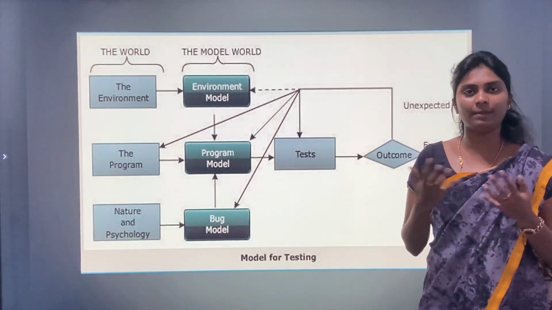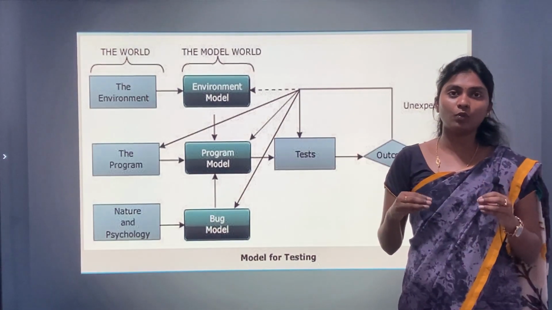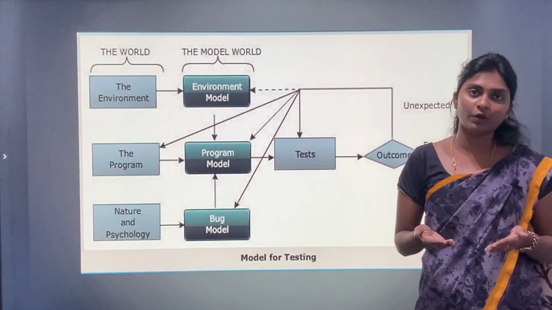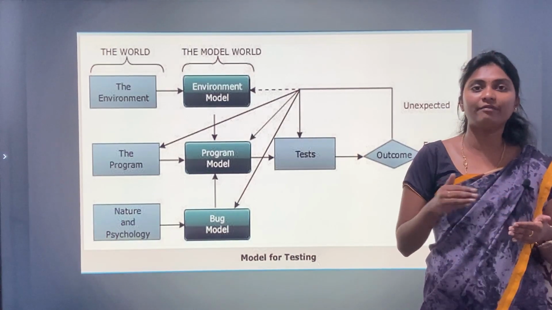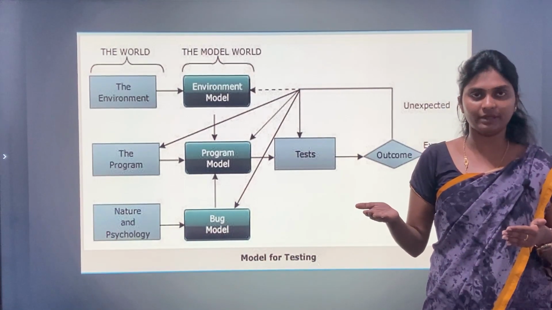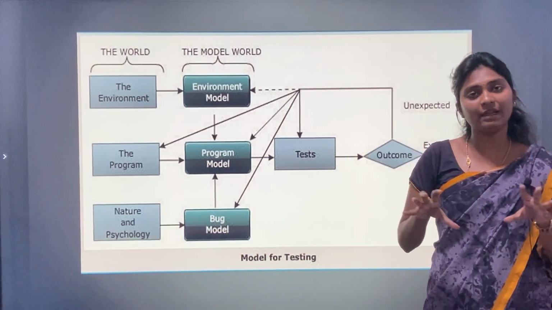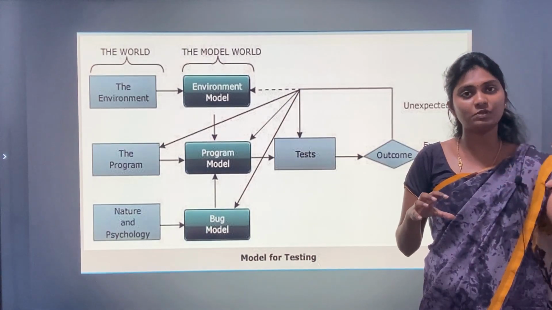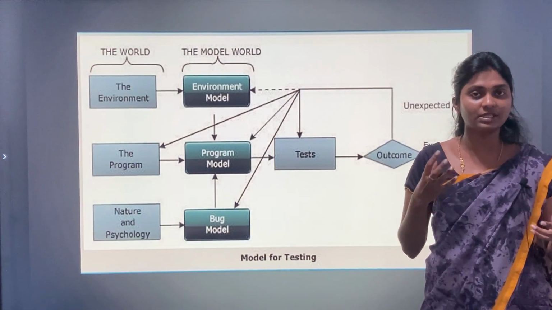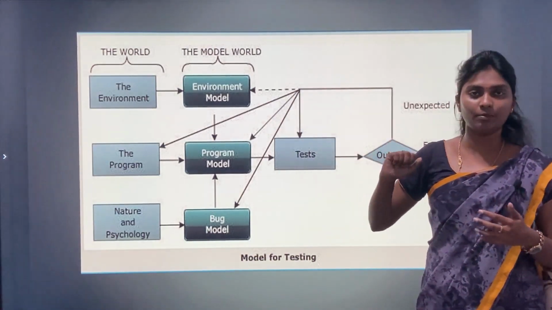Suppose we have implemented the program, what are we following? Depending on the company guidelines only, we will follow and implement the development, right? So the environmental model is nothing but depending on the guidelines or the steps followed by the companies or industries, we will follow the environmental model.